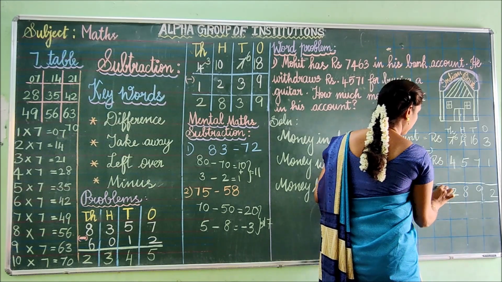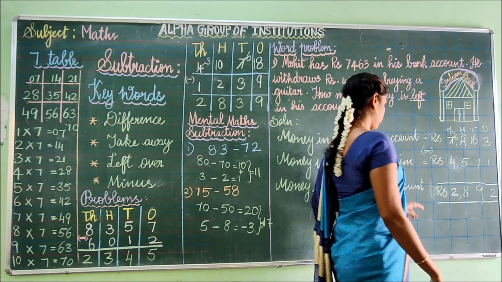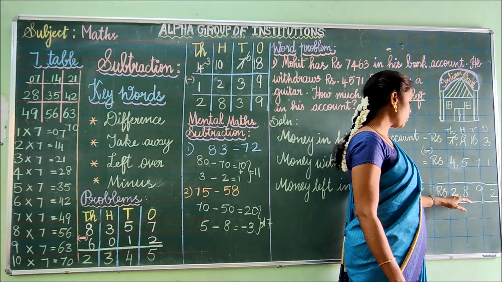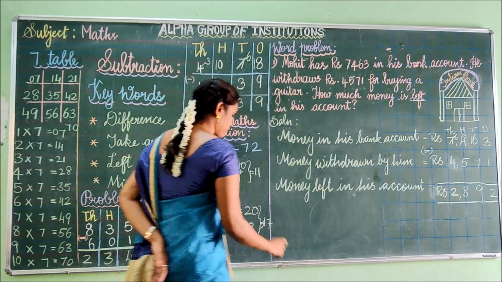So how much amount is here? The amount left in his account is rupees 2,892. So what is the final statement?